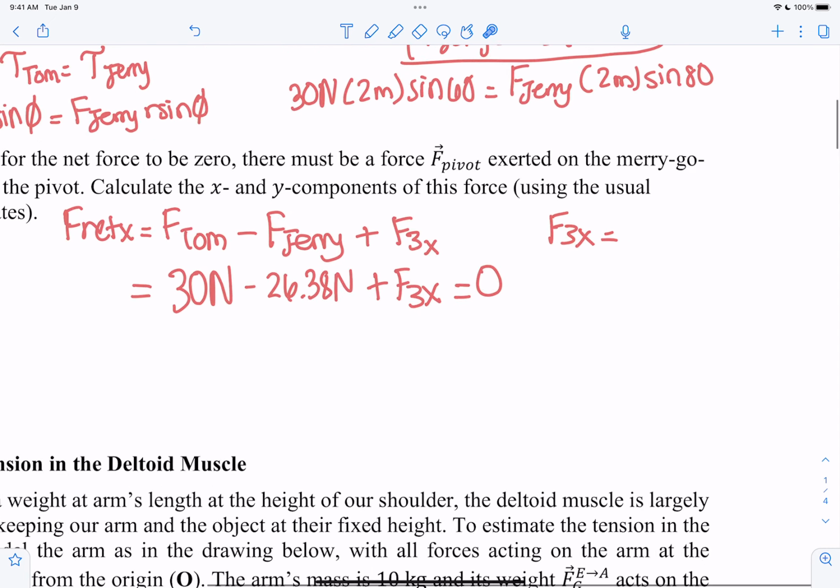And let me calculate that out just to be sure. Actually, no, wait, hold up. I see where I went wrong. My bad. Forget what I said here for a second. So I made the mistake of just putting in the forces. Yeah, go ahead, Matthew.